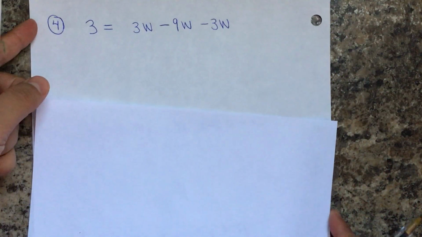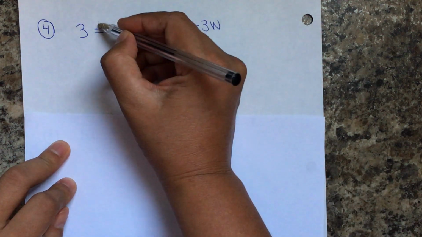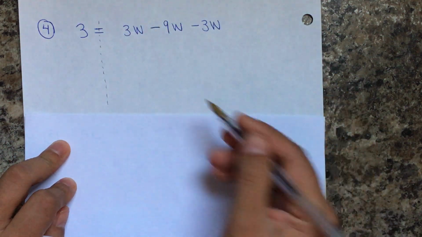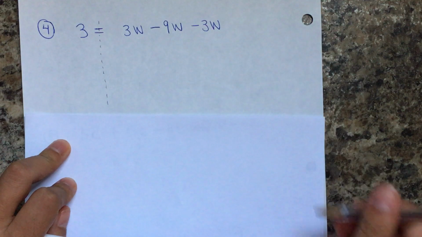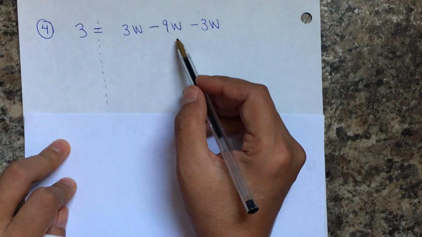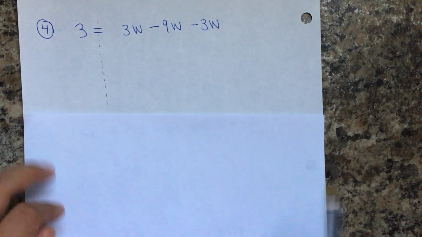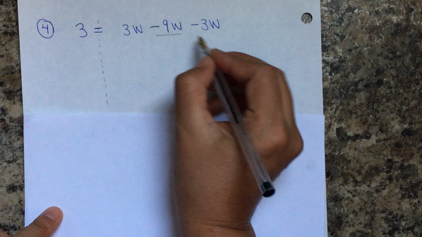Let's do this one. Again, we make that division where the equal sign is. So we're just going to be bringing that. And I noticed that all of them are negatives. So let me try doing what some people do. Putting together first the negatives, meaning this one and this one.